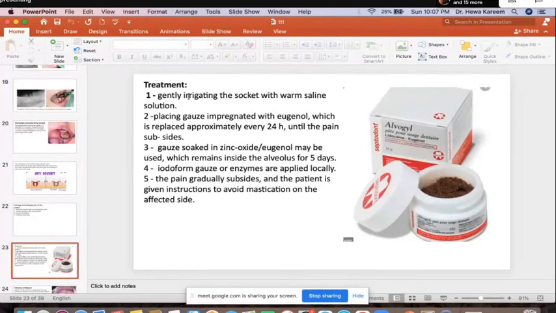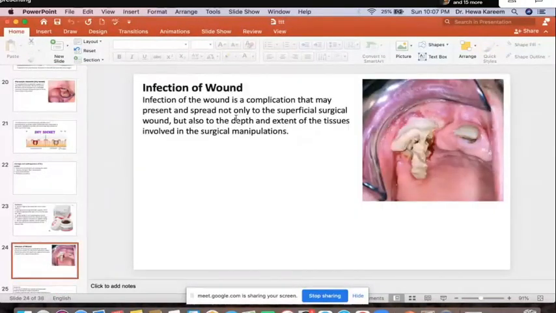Treatment of the dry socket is very important: gently irrigating the socket with warm saline solution and placing gauze impregnated with eugenol, changed approximately every 24 hours until the pain subsides. In the exam, you can state the treatment of the dry socket: gently irrigating the socket and placing the gauze. Okay, enough. Dry socket is very important.